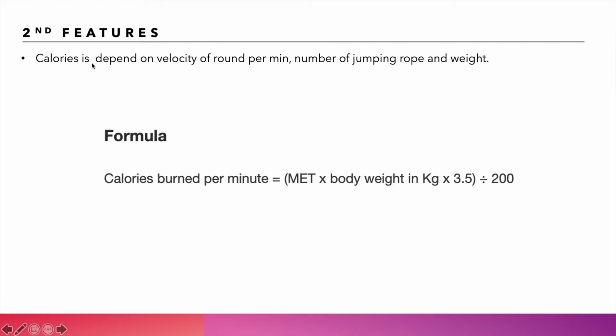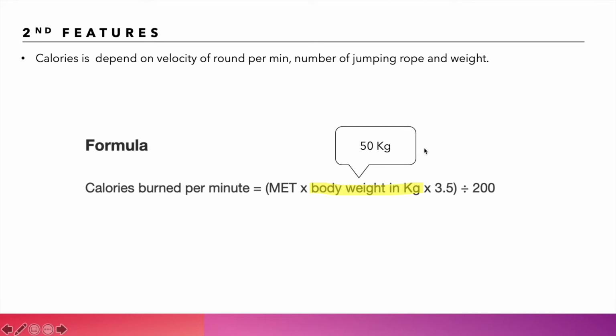The calories depend on the rounds per minute, the number of skips, and weight. Following the formula, calories burned per minute equals MET times body weight in kilograms times 3.5, divided by 200.